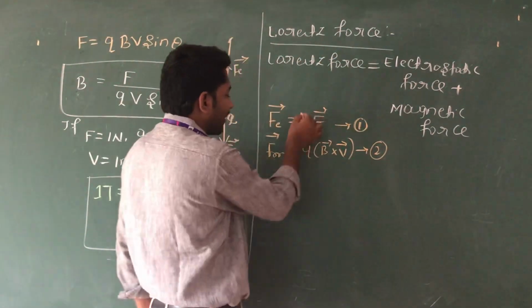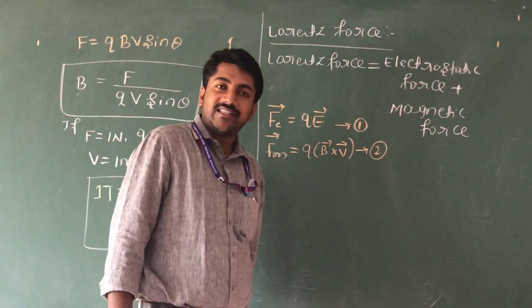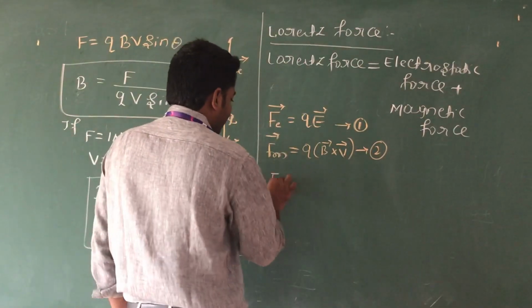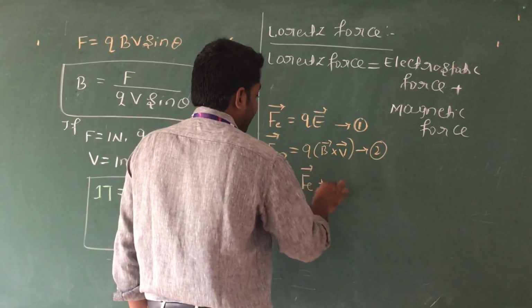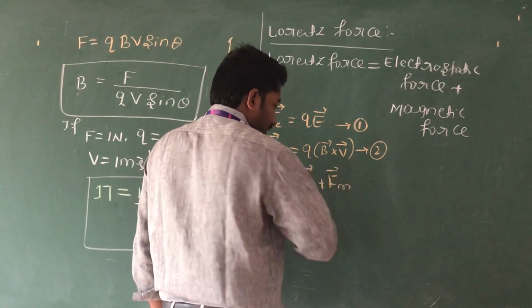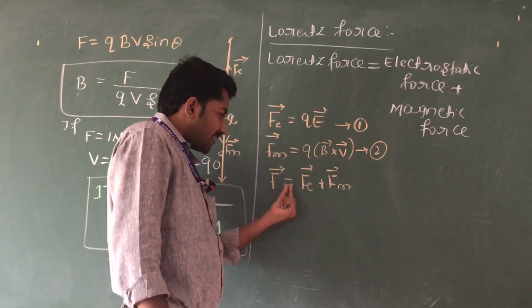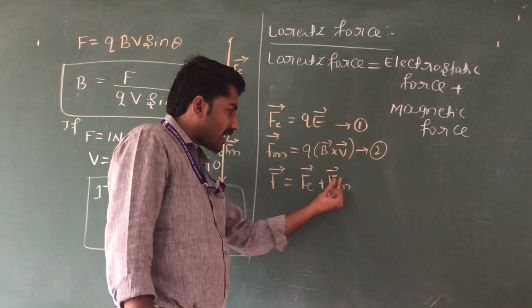Then I combine these two forces. The net force acting in that region, F is equal to Fe plus Fm. That is the net Lorentz force, the combination of electrostatic force and magnetic force.